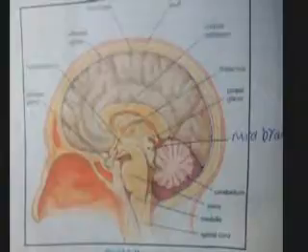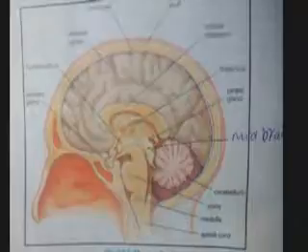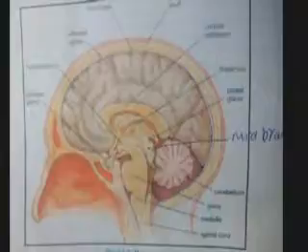If you look at the structure and the names of the parts mentioned in this diagram, you can see it clearly. And here is the midbrain, which is reduced in human and is present under the cerebral hemisphere, and it controls the reflex movement of eyes and hearing reflexes.